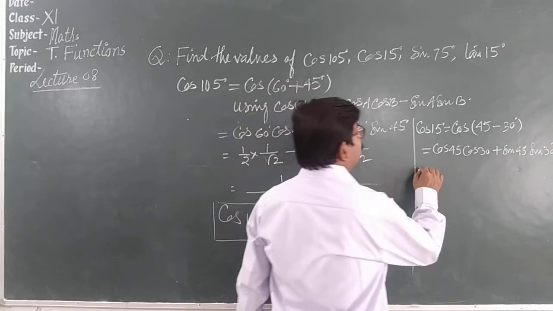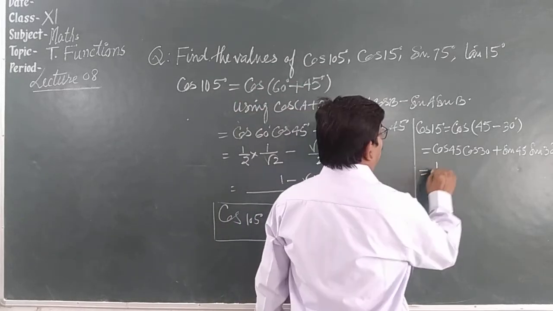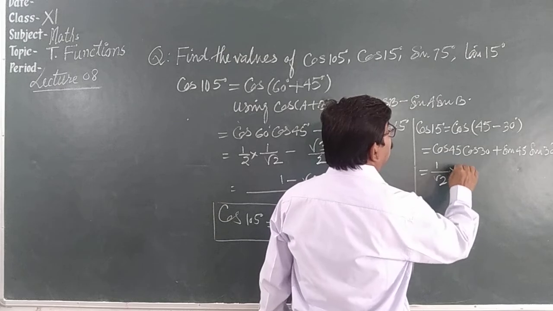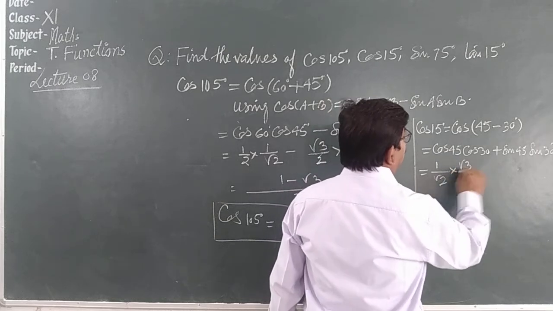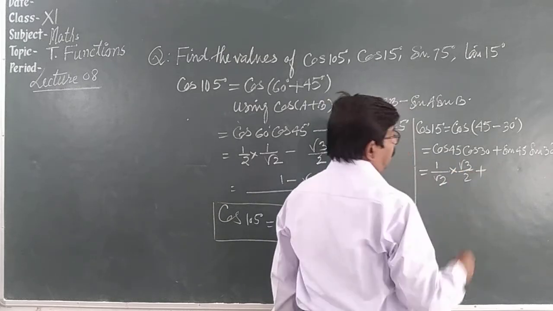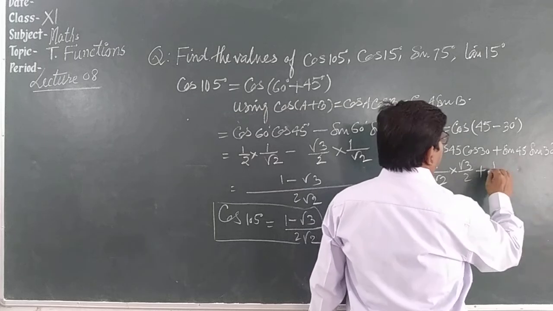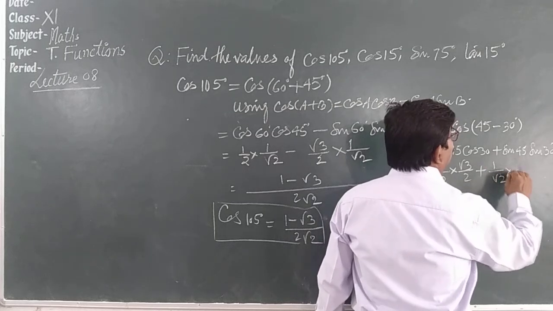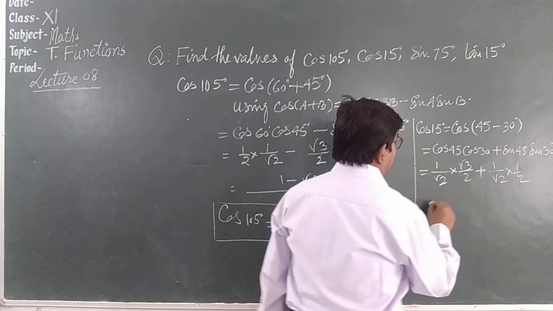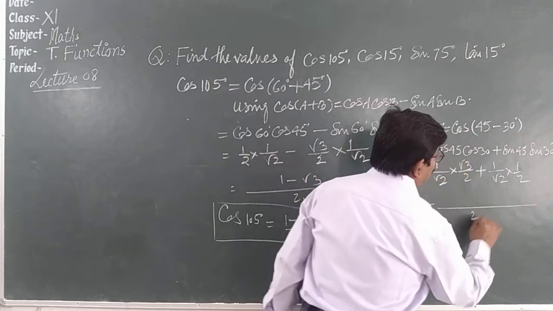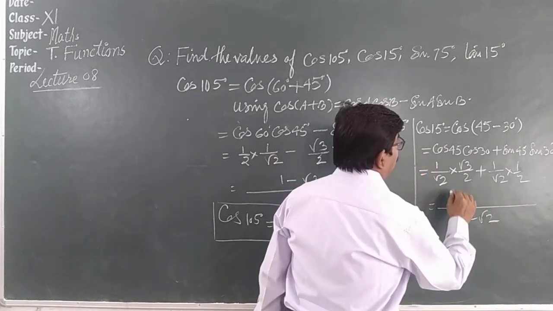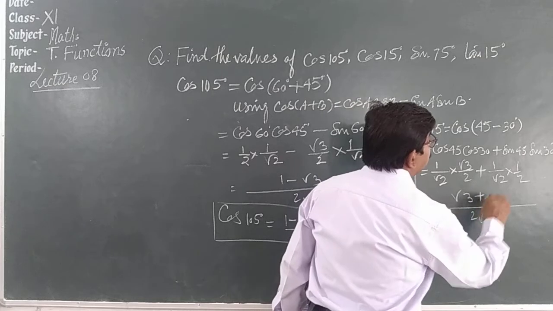Now let's see the values. Cos 45 is 1 upon root 2 into cos 30 root 3 by 2, plus sin 45 is 1 upon root 2 into 1 upon 2. Once again LCM is 2 root 2. So we have root 3 plus 1.